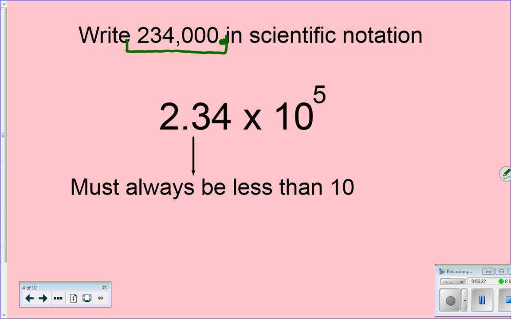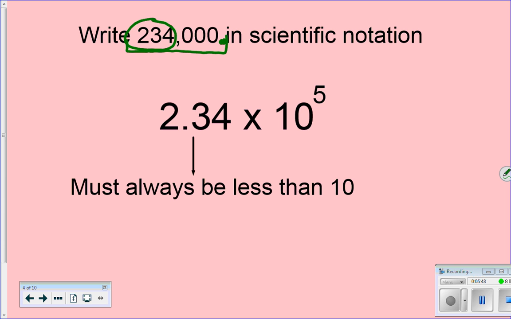Now to write in scientific notation, I need to look at this number and see which numbers are between 1 and 9. Where are the numbers in this big number that are between 1 and 9? The front. What numbers? 2, 3, and 4. So I'm going to focus on the numbers that come before all the zeros. Does that make sense so far?